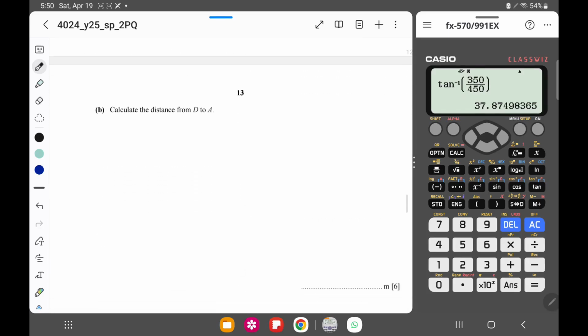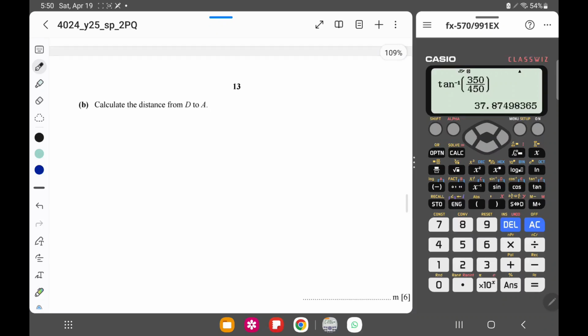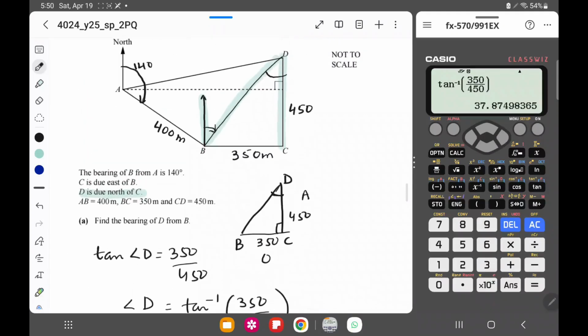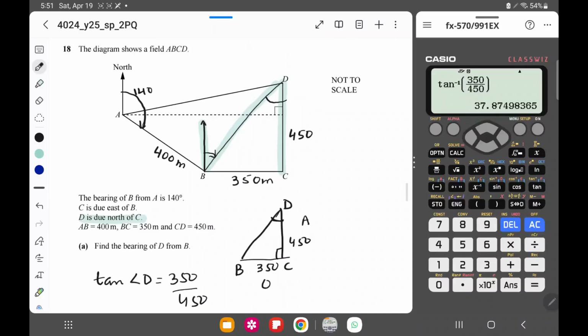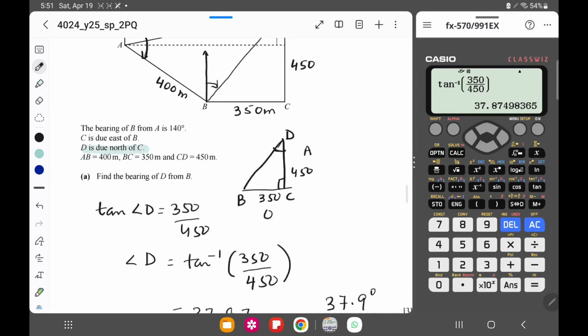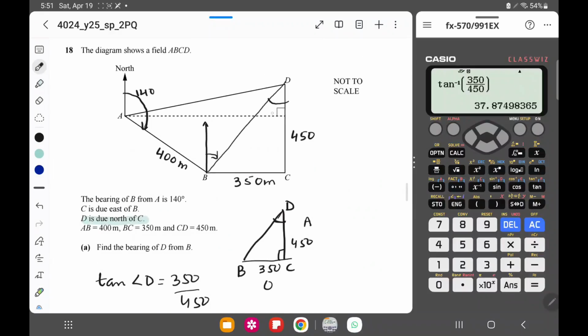The next part is calculate the distance from D to A. From D to A, the distance is required. I'm just drawing here. So this was coming 37.87. Okay, so in this part, A to D is required. For A to D, obviously we'll take this triangle.